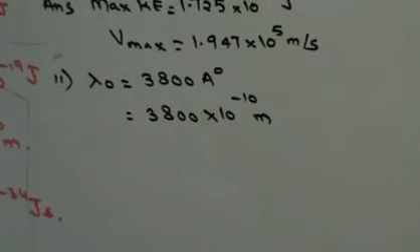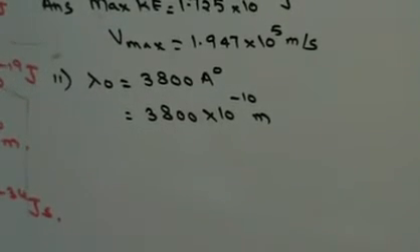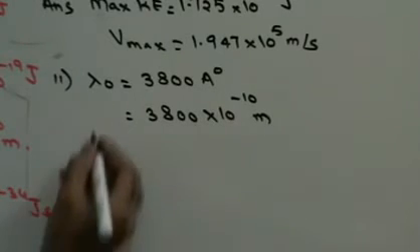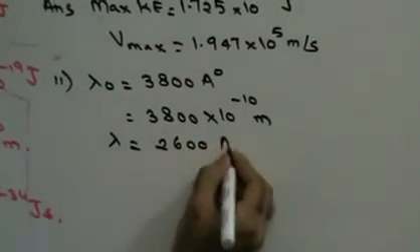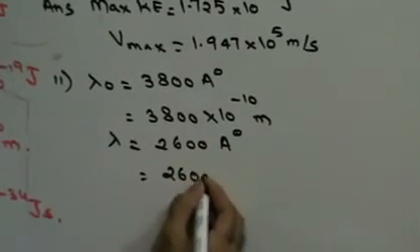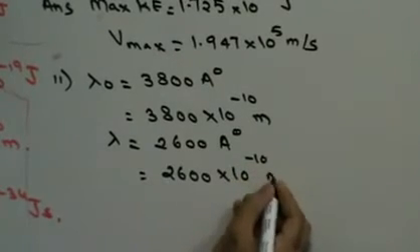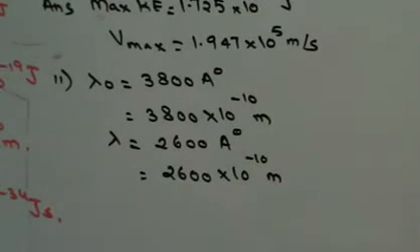Calculate the maximum kinetic energy when a light of wavelength 2600 Armstrong units falls on it.